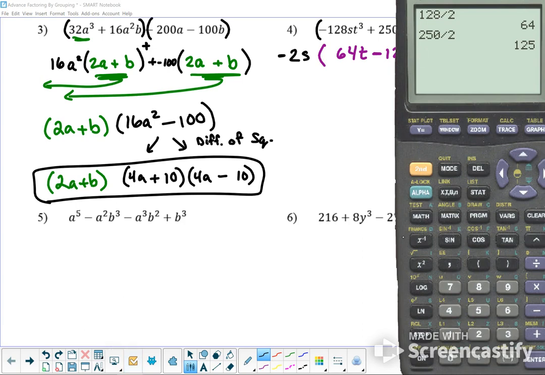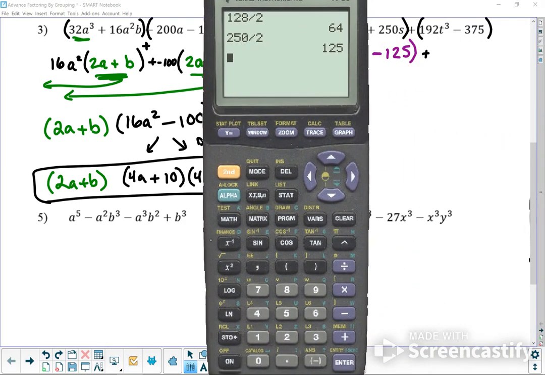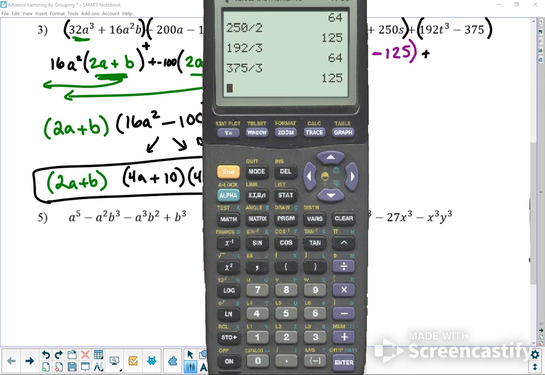Okay, so 192 divided by, you definitely can't divide it by 2. Let's try 3. Oh, 64. 375. I might have said 357 divided by 3. So you get 64 and 125, right?